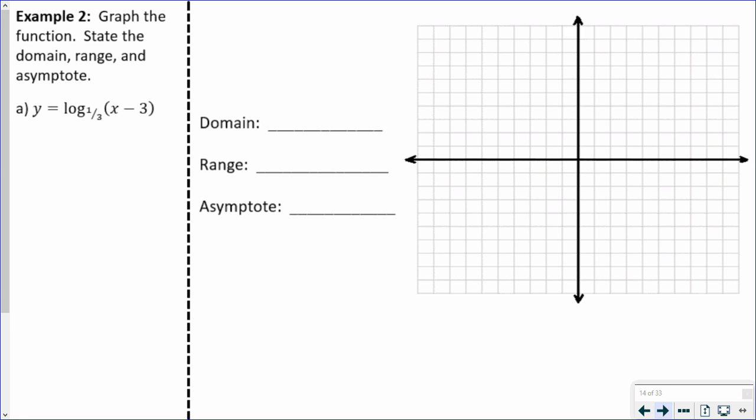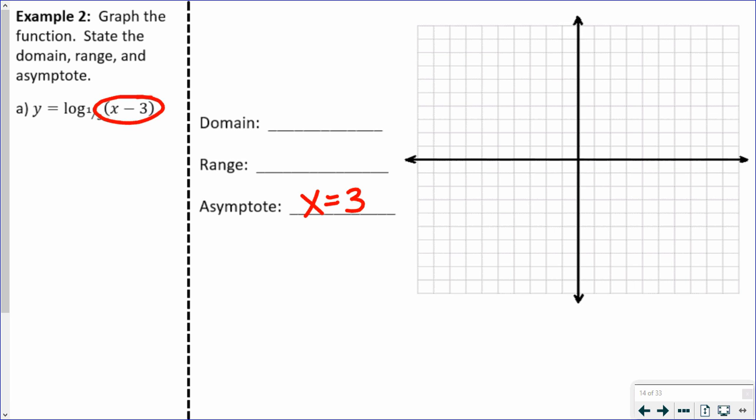So before I even type this in my calculator, let's do the asymptote. For the asymptote, you look here. And so this means that we actually shift to the right 3. So that means that this is x equals positive 3. So it's the opposite of what it looks like in here, just like it is when we talk about the shifting piece.